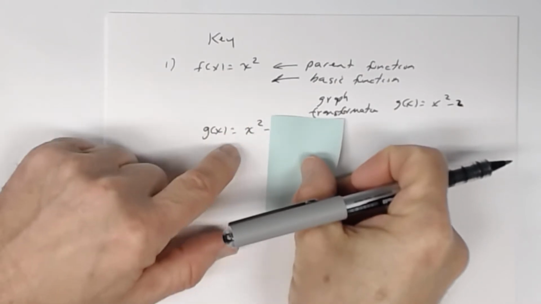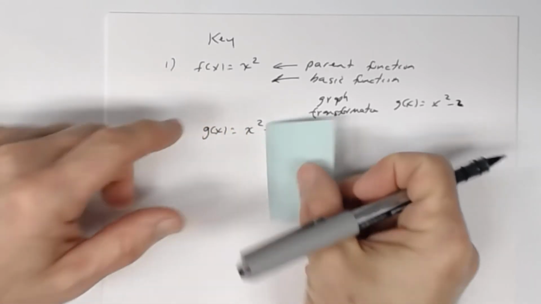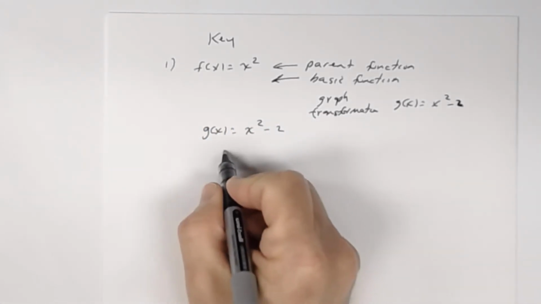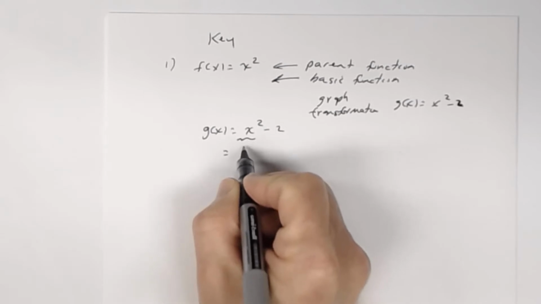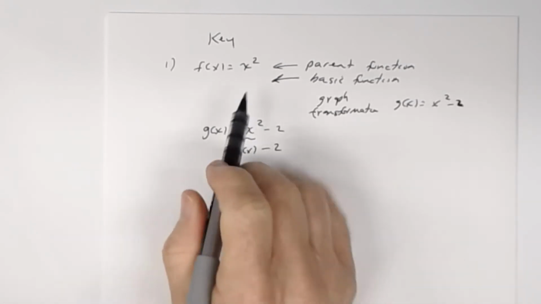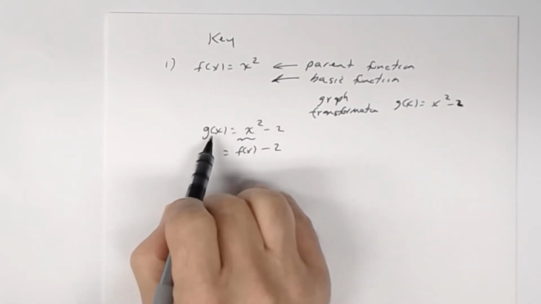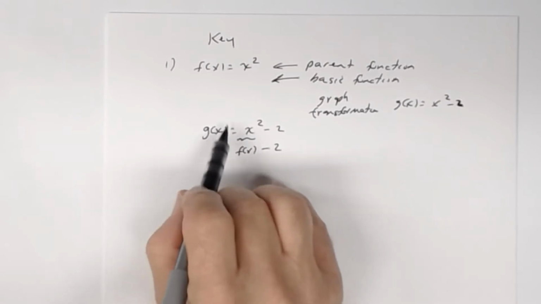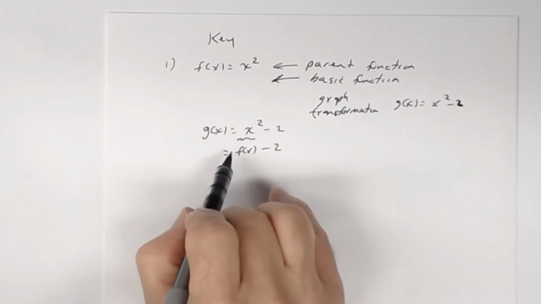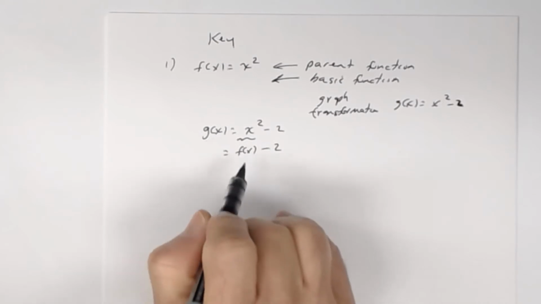This part here, x squared, is f of x. So do y'all agree that I can think of this as your basic function subtract 2, right? Your parent function subtract 2. So all g of x tells you to do is to take your parent function and subtract 2 from it.